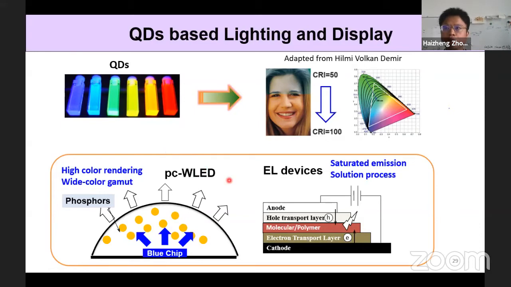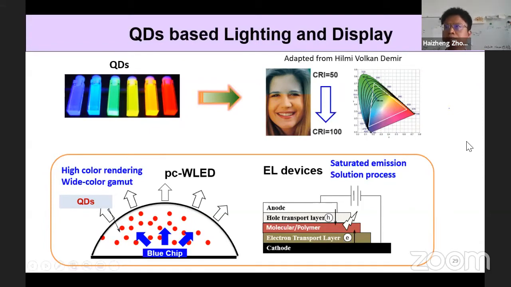Firstly, quantum dots can be applied to replace conventional inorganic phosphors for generating phosphor-converted white LEDs.